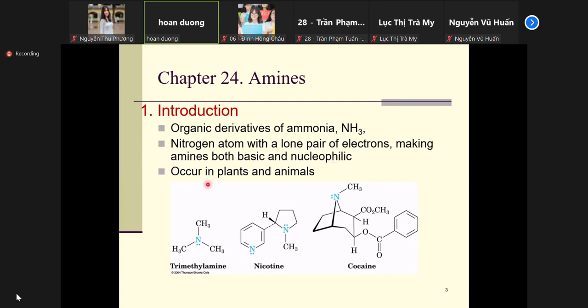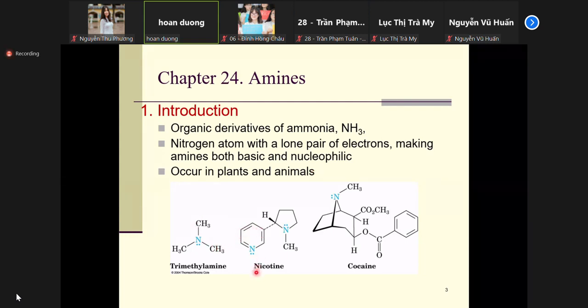And so in nature, you can see it occurs in plants, a lot, and animals. Because every day you have to eat plants and animals, actually you get amine. We have a kind of specific amine, if we talk later on, the amino acid. But here you can see some natural products.